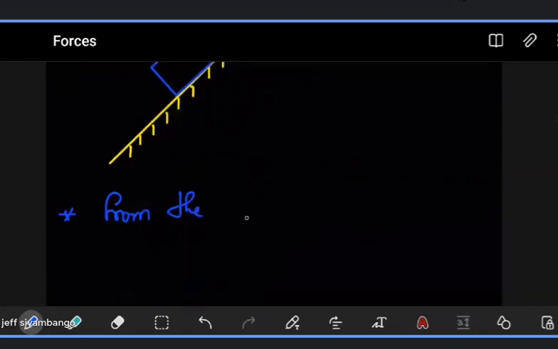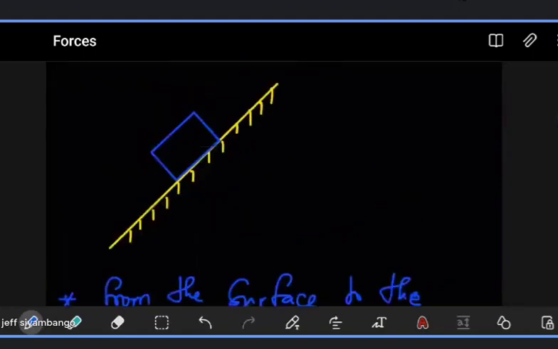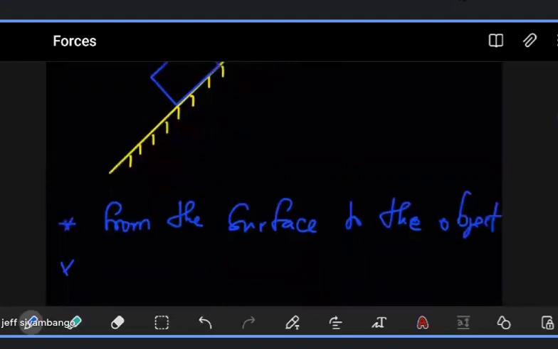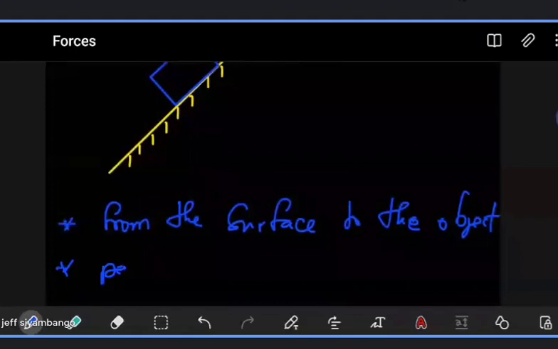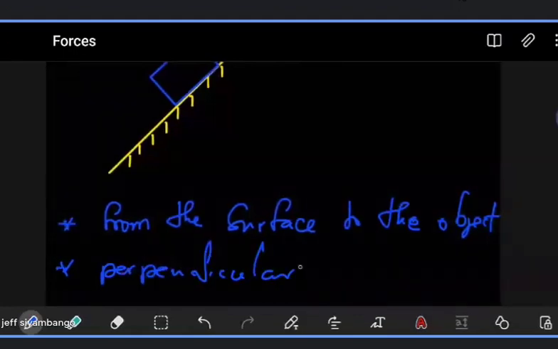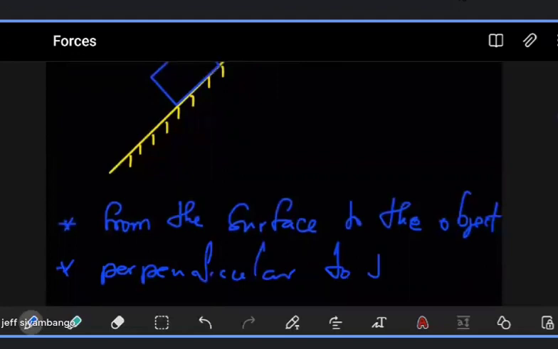It acts from the surface to the object, and it always acts perpendicular to the surface.